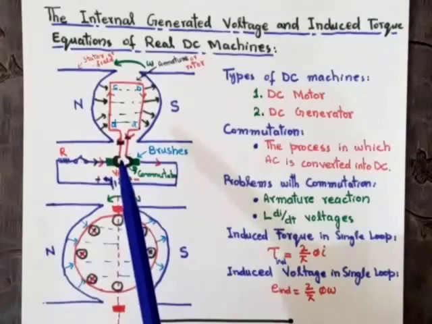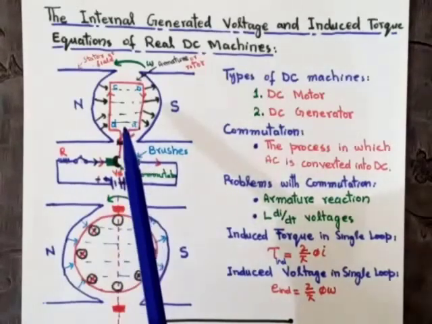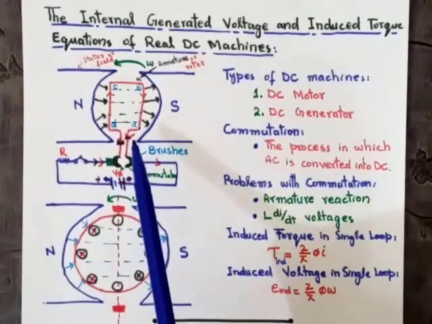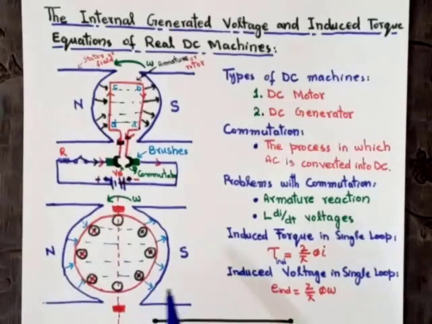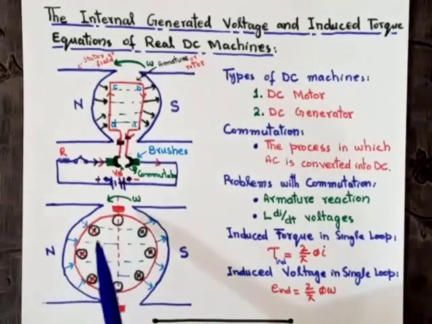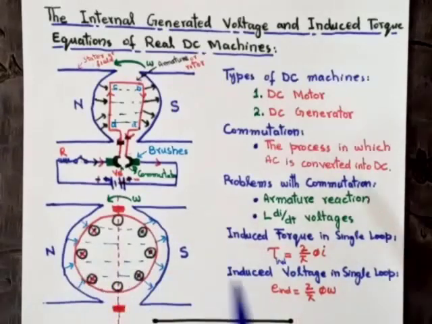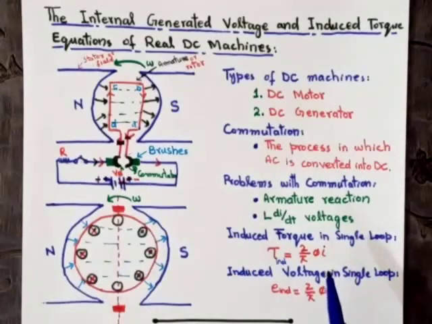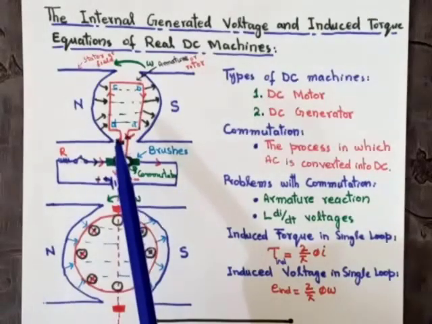In real DC machines, there are a number of loops instead of a single loop. For example, as you can see in this figure, there are 8 loops. This is loop number 1, 2, 3, 4, 5, 6, 7 and 8. In the case of 8 loops, the equations of induced torque and induced voltage will be different as compared to the single loop.